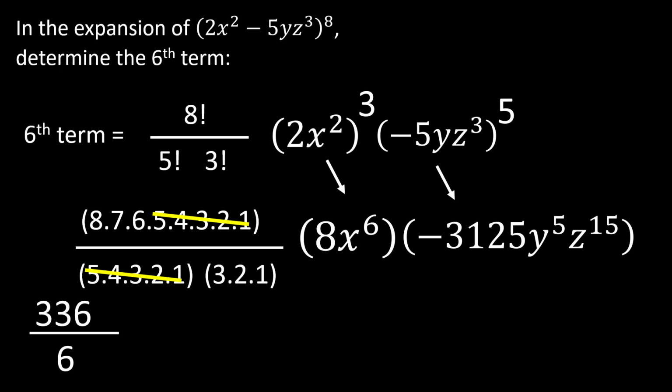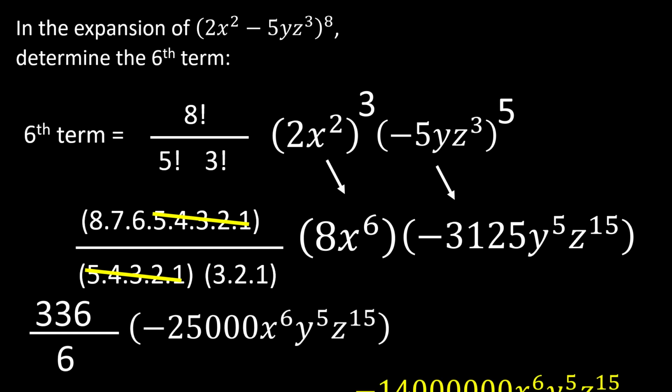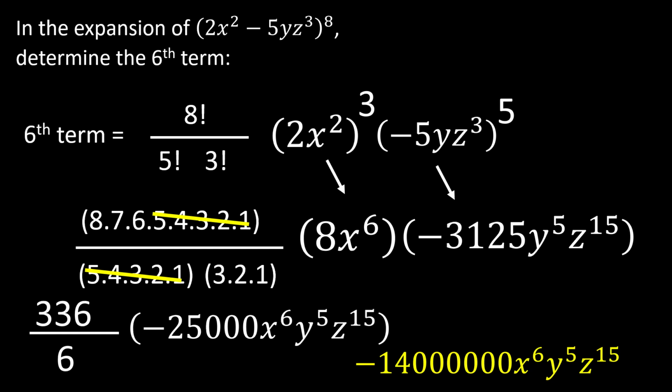I guess our result is negative 25,000 x to the 6 y to the 5th z to the 15. Simplifying it, our answer is negative 14 million x to the 6 y to the 5th z to the 15th power. Thank you very much and God bless us all.